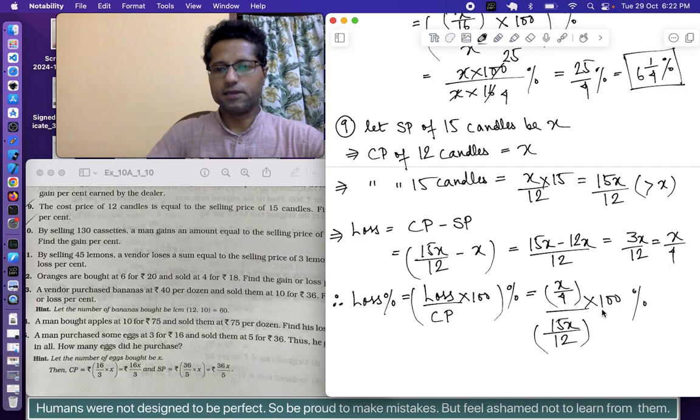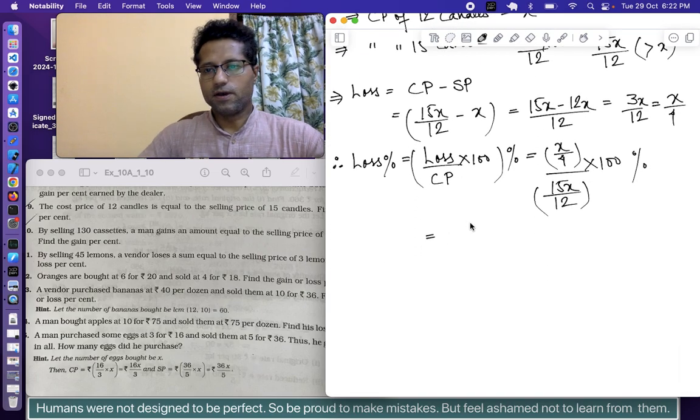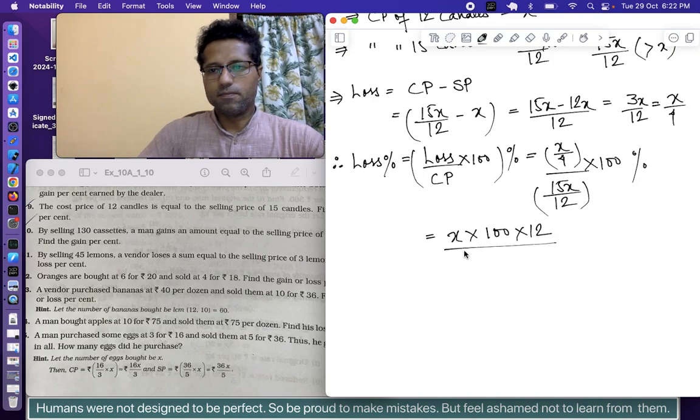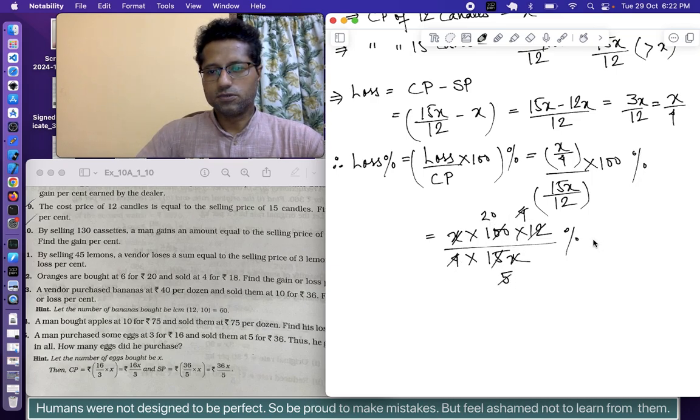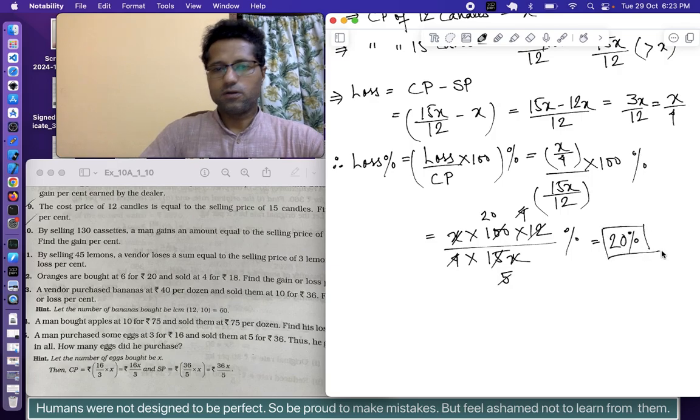Now if we simplify, this becomes x multiplied by 100 multiplied by 12 divided by 4 multiplied by 15x. x cancels out. 3 divides 15 with 5, 3 divides 12 with 4, 4 cancels out, and 5 divides 100, 20. So this is equal to 20%. So there is a loss of 20%.